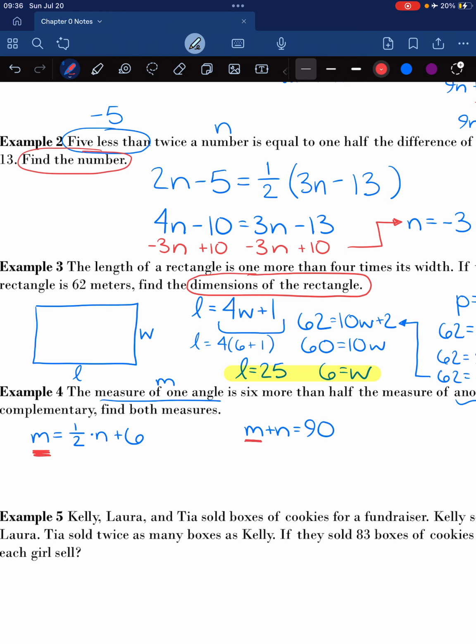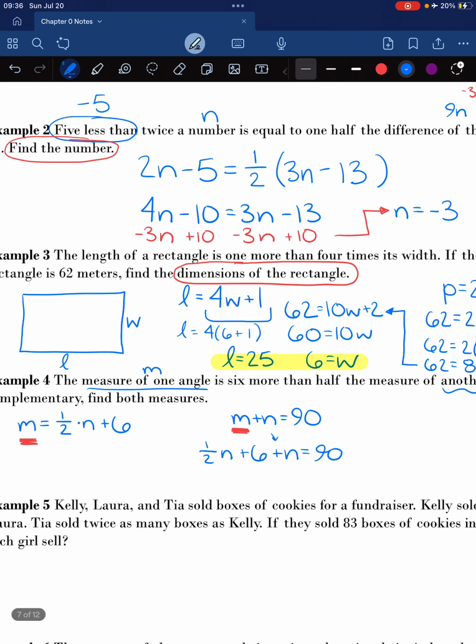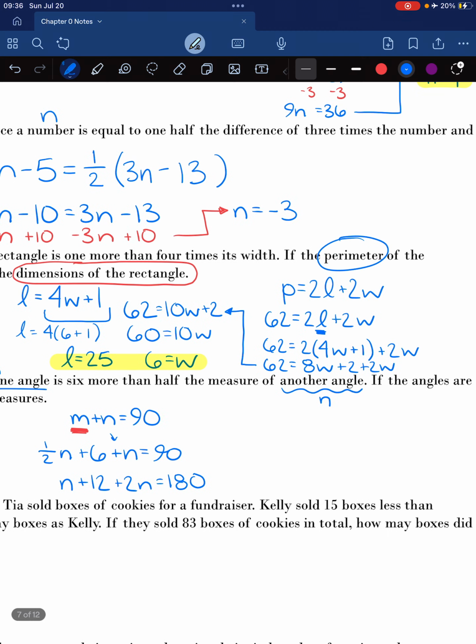I don't like two variables, so instead of M, I can go ahead and replace it with 1/2 N plus 6, and then I'm going to copy down the rest of the problem here, so I have plus N equals 90. Maybe I don't like dealing with that fraction, so I can multiply everything by 2. N plus 12 plus 2N equals 180.